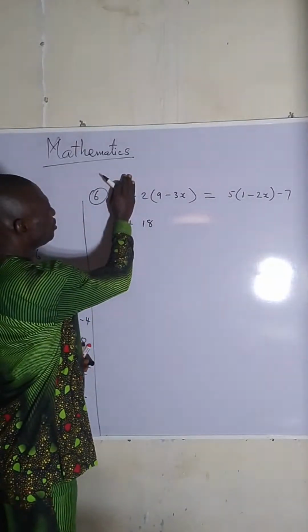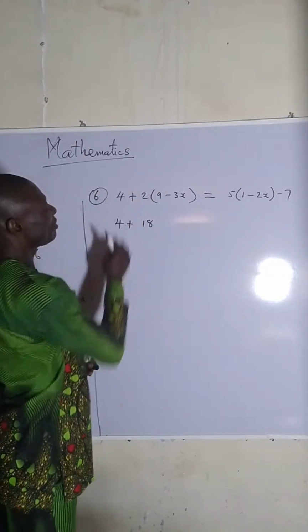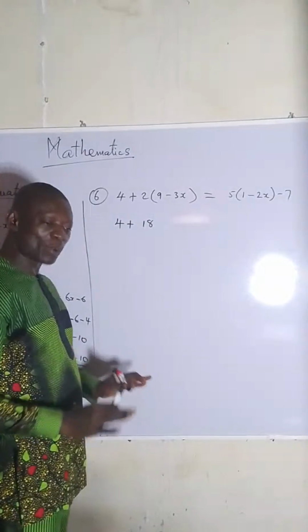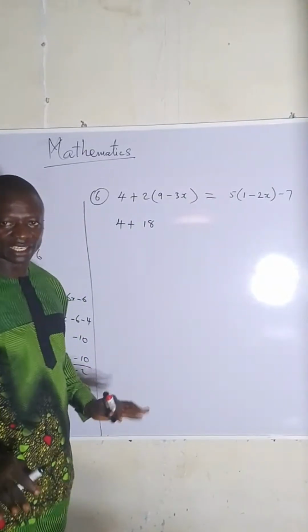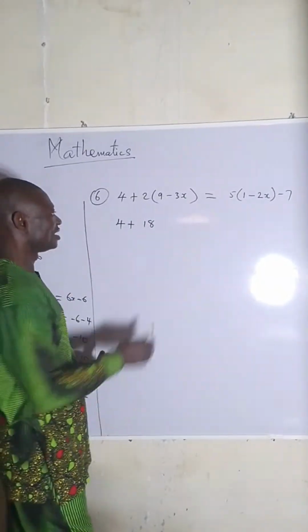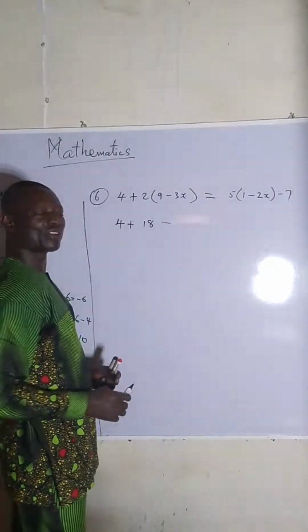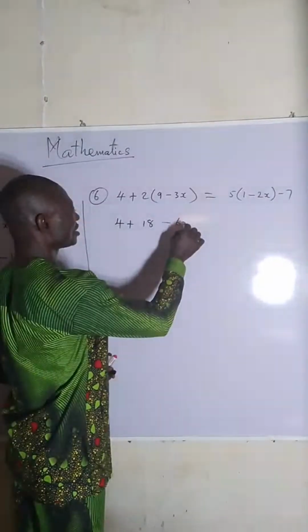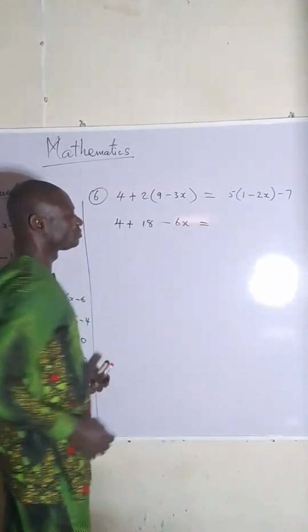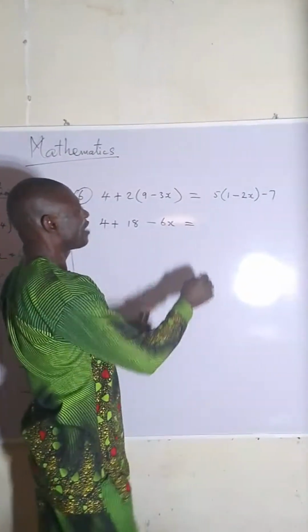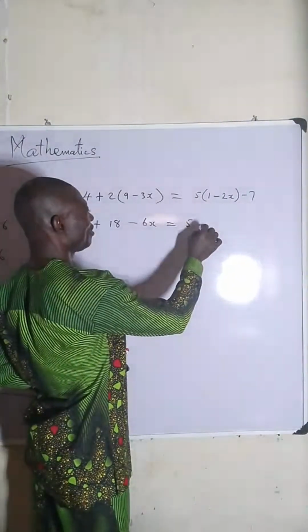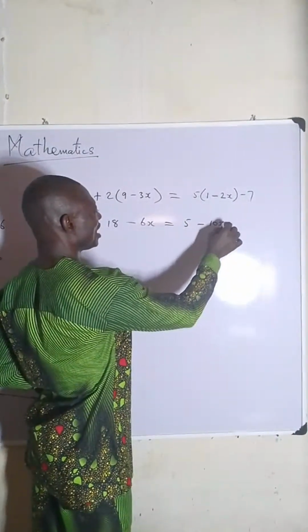If there was no 4 here, we would not write this plus, because a number with no sign indeed has a positive sign. Then we have minus 2 times 3x to give us 6x is equal to 5 times 1 will give us 5 minus 10x.